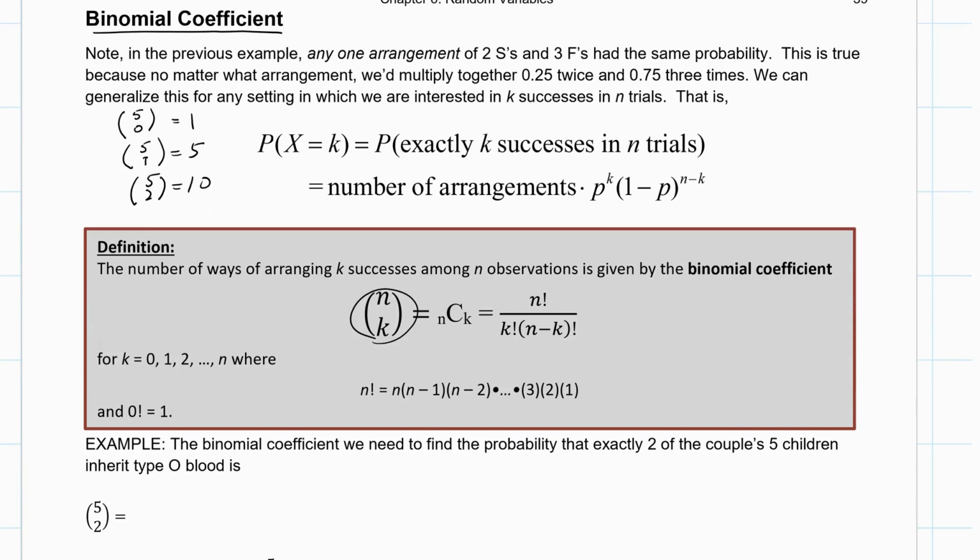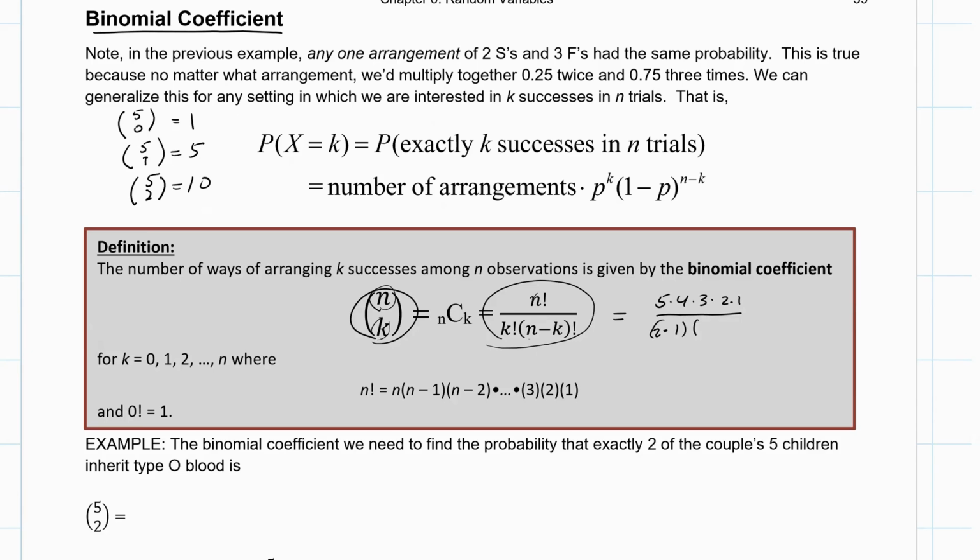Now, let's take this 10 for example. We could use this formula and say, oh, 5 choose 2. Well, that's the top number, 5 factorial. And 5 factorial is 5 times 4 times 3 times 2 times 1. And you divide it by k factorial, which is the lower number, and 2 factorial is 2 times 1.